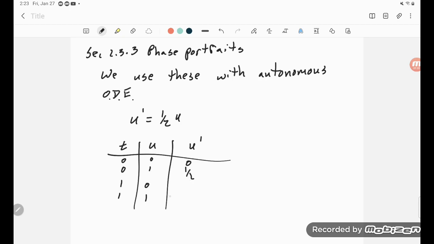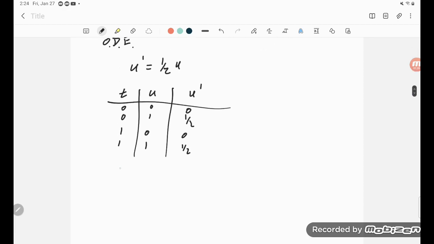But then notice at t equal 1, we get a 0 and a 1/2, because it didn't depend on t. If I went to 2's, and a 0 and a 1 here, it only depends on u, so I would get a 0 and a 1/2.